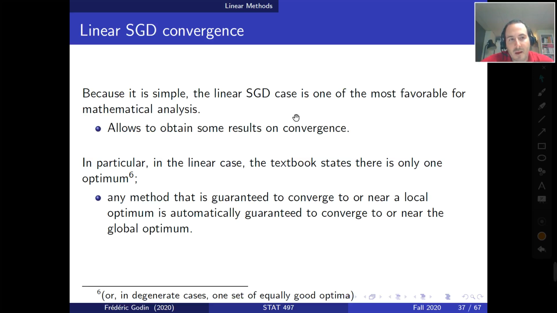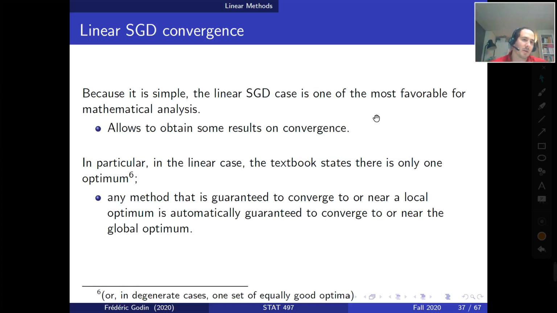It can be shown, for instance, that the stochastic gradient methods, the semi-gradient approaches we've outlined in this chapter, converge in some specific cases.